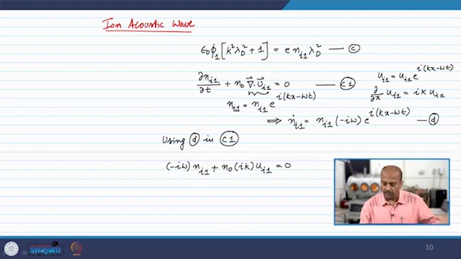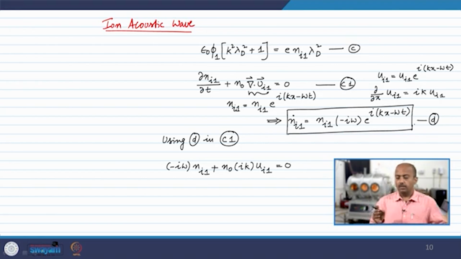Now, what is the meaning of this? Just we have to wonder what is the meaning of this. It means that the perturbation part is oscillating around the mean value like this in a sinusoidal way. But we have an exponential i, right? So, we have variation in a sinusoidal fashion.